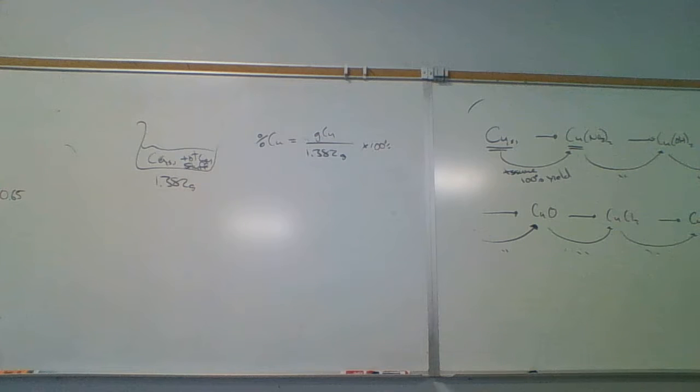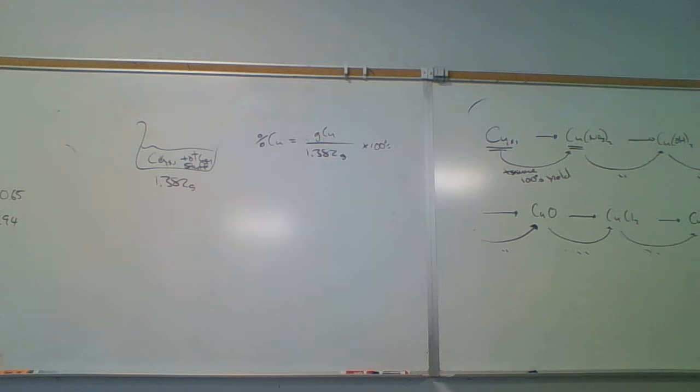We have how many phosphorus? 2 phosphorus, 30.97. 30.97 times 2 is 61.94.